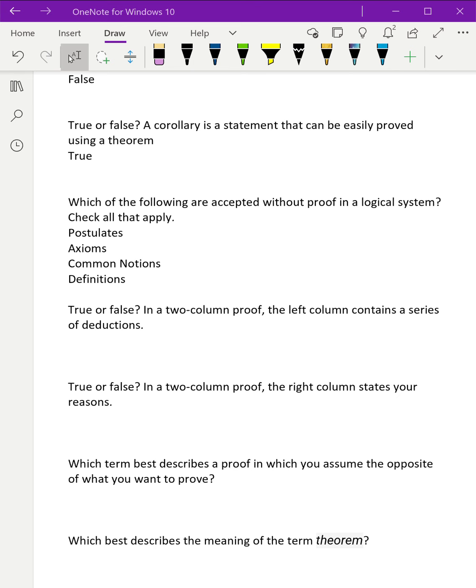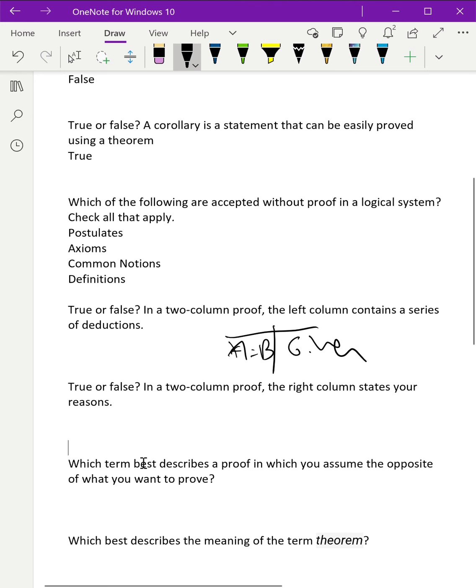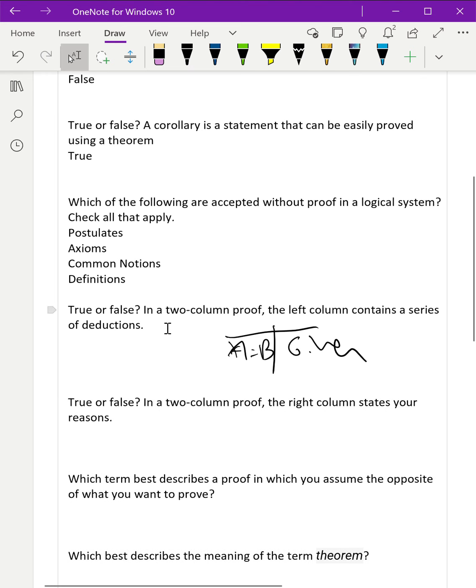All right, so in a 2-column proof, the left column is a series of deductions. In a 2-column proof, I might say A equals B because given, something like that. This left side, that's a deduction. I know A equals B because of whatever reasoning.